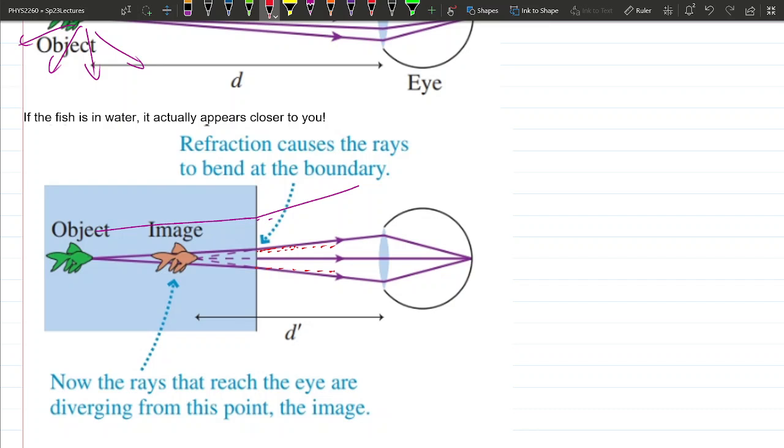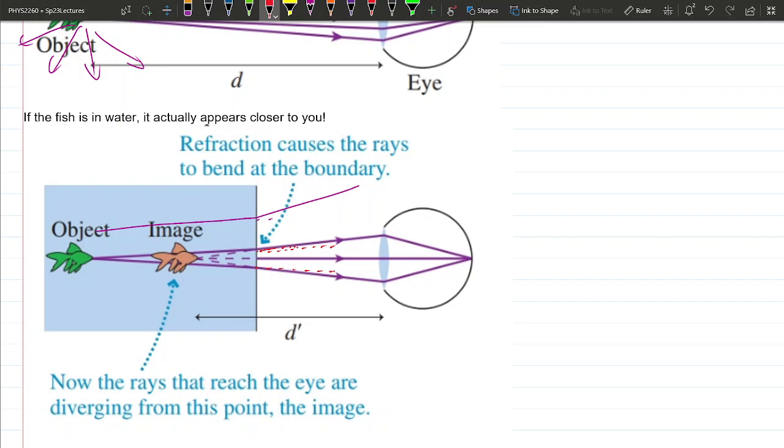This is known as back tracing. This is where these little dotted lines come from. When the light gets into the water, instead of following the solid purple line, it follows the dotted line, which is the straight line. And so the image actually appears closer to you through a fish tank.